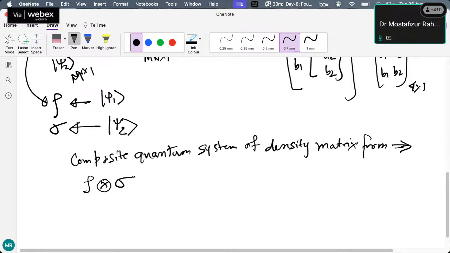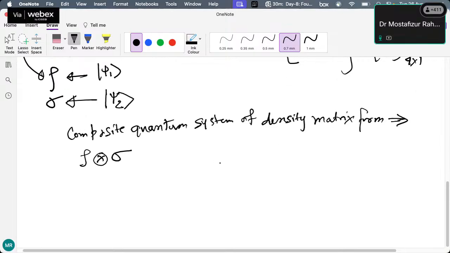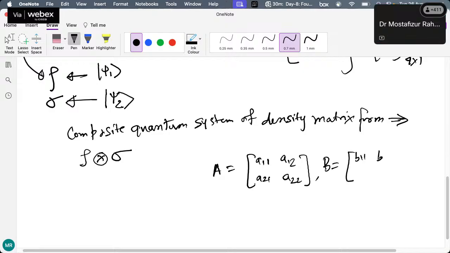So once it is in matrix tensor product form, the formula is: if there are two operators, A and B, where the components of A are A11, A12, A21 and A22, and B is B11, B12, B21 and B22.